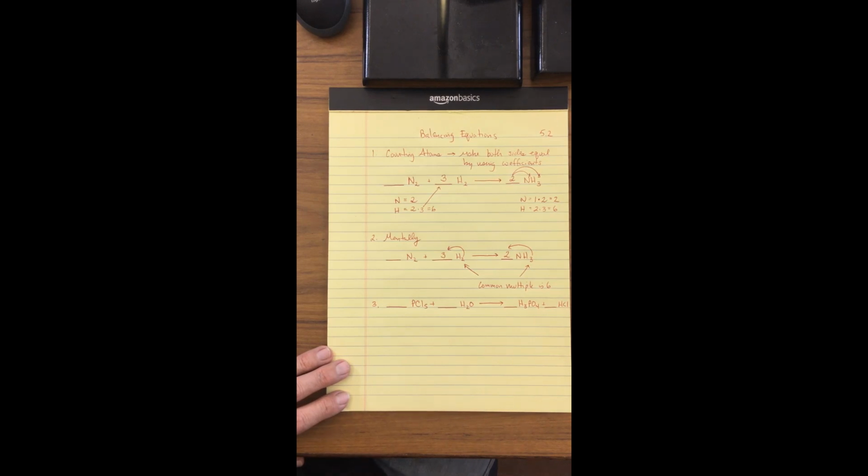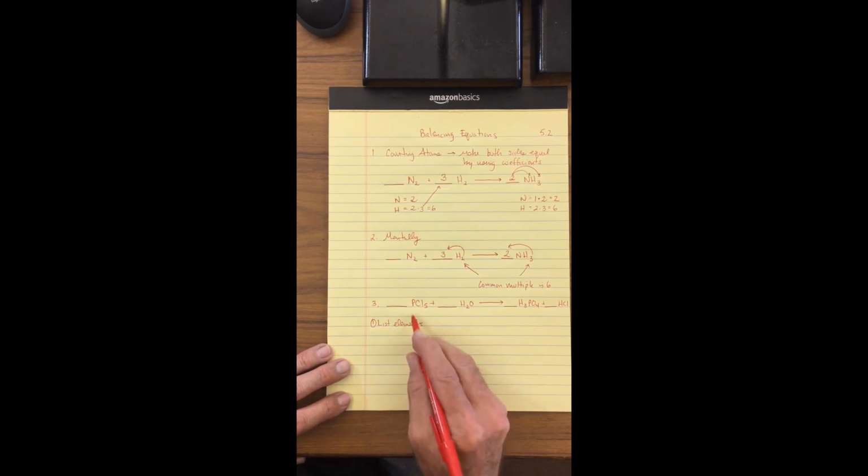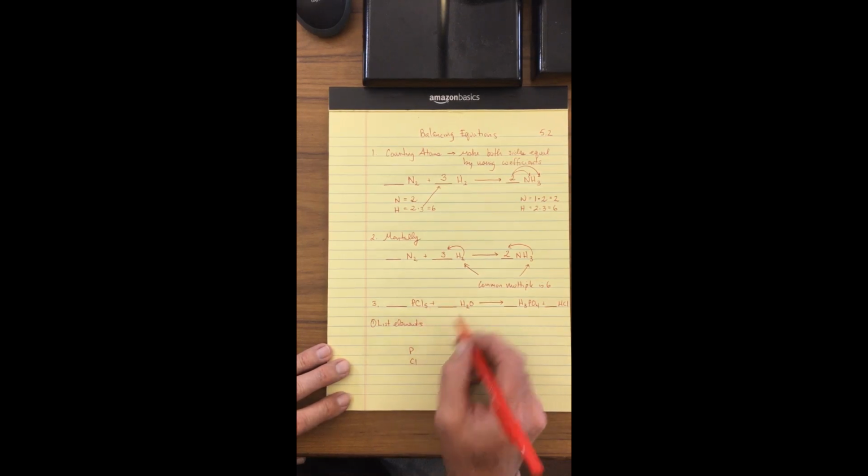So the first step in this, we're going to go through the counting method, is to list all the elements. So that's our first step. We want to list all of the elements on each side. Okay, so I have a P. Let's put the P here. I have a Cl, which is next.